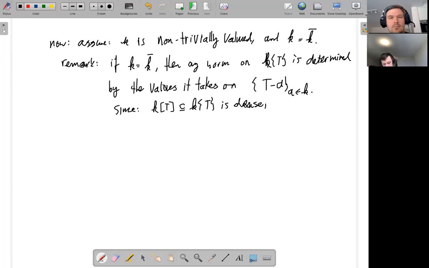And then you just use the fact that it's multiplicative. So because k is algebraically closed, anything here is a product of things like that. So if you know the value on that, by the fact that it's multiplicative, you know the value on any polynomial. And then because this is dense, this determines the norm completely on the whole algebra.